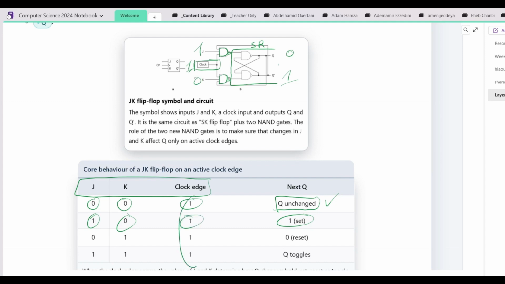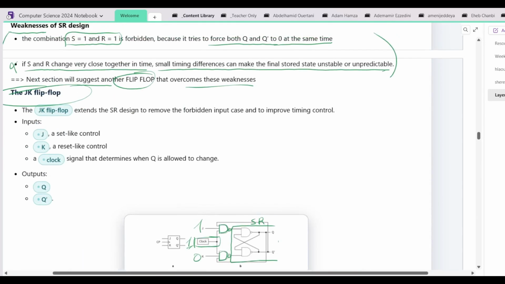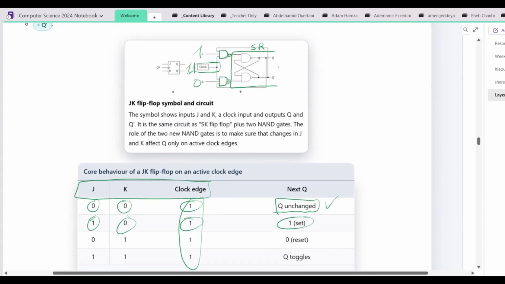Again, the clock should always be 1 so the system can work. It is about synchronization to avoid the problem of small timing difference. This is a problem in the SR design. We can overcome this problem using a clock.